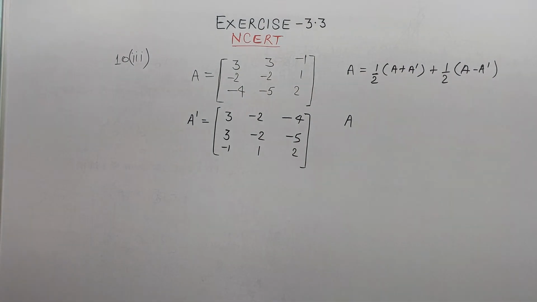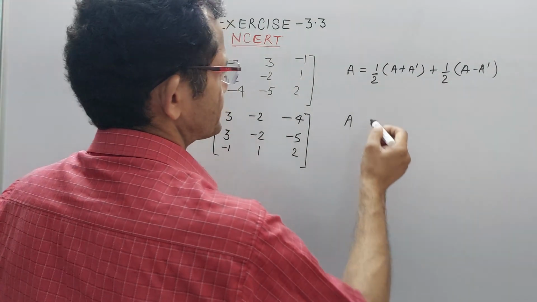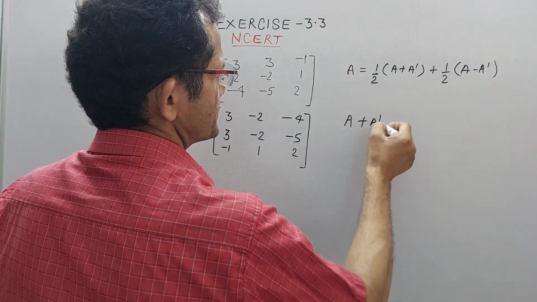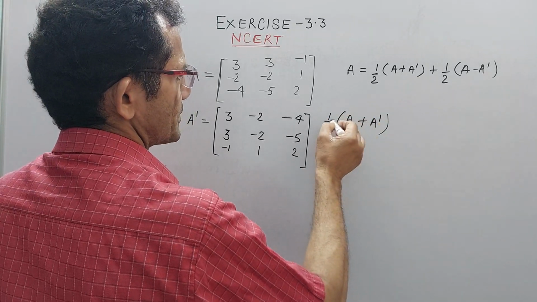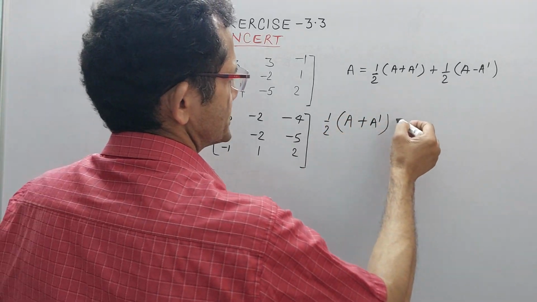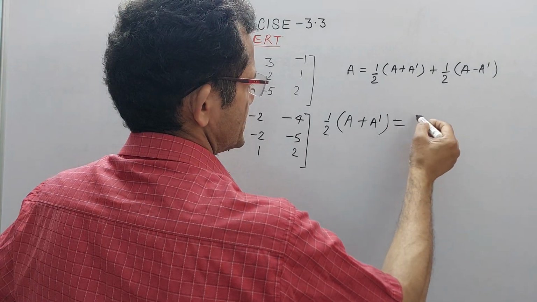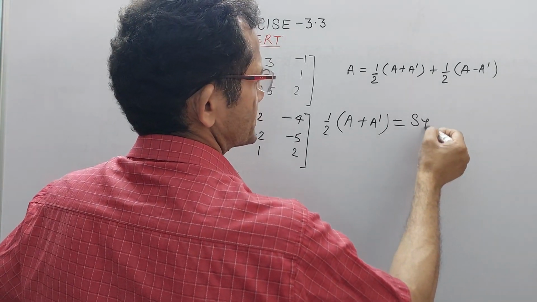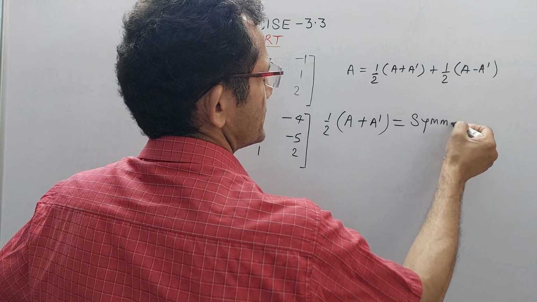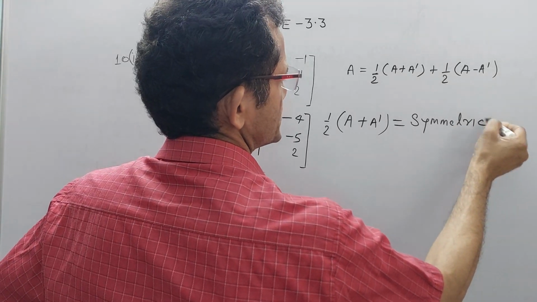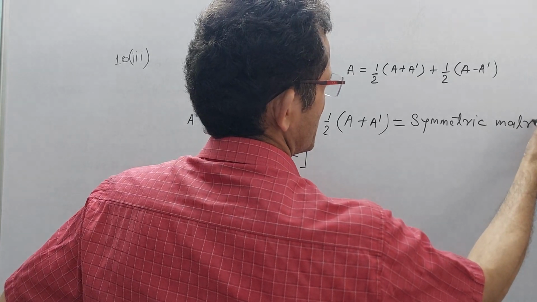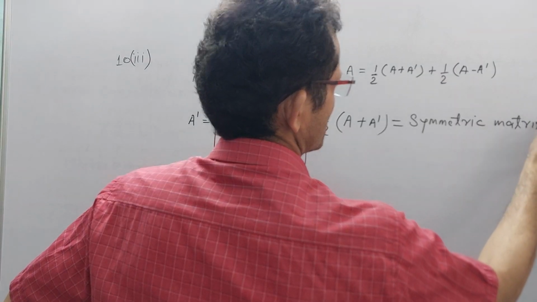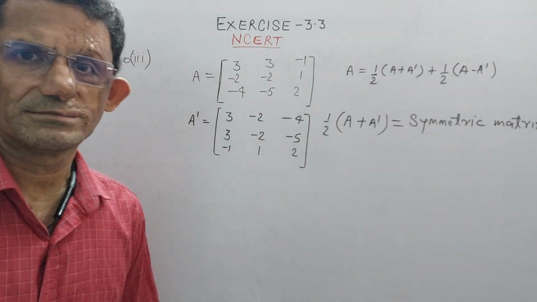A plus A transpose will be half of this one, outside is half. This will be the symmetric matrix.